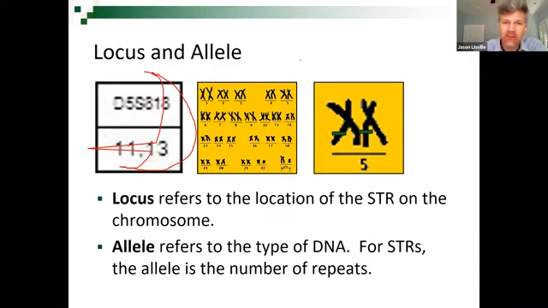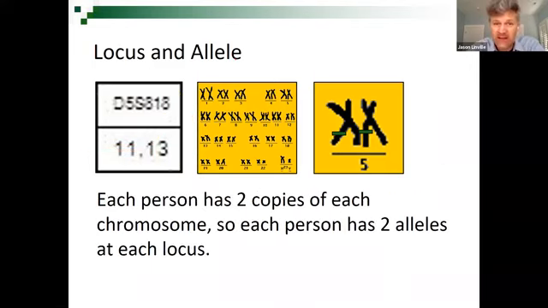We're describing me. We're describing the DNA. We're describing the alleles at this location. This is the description, 11, 13. And we, as trained forensic scientists after this lecture, know that that 11 means the STR is repeated 11 times on one allele, and on one chromosome, and repeated 13 times on another chromosome.